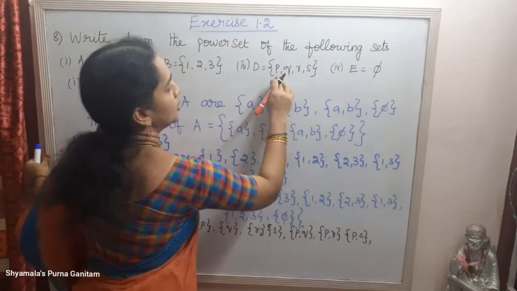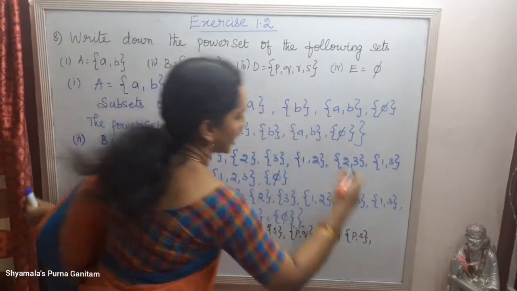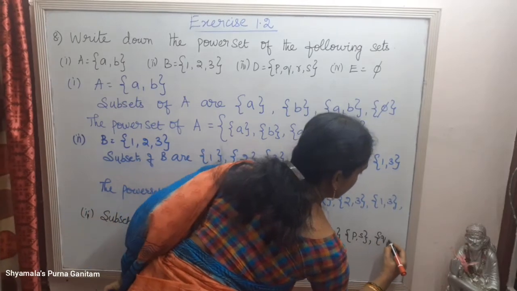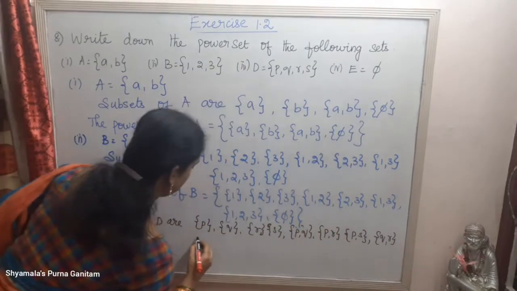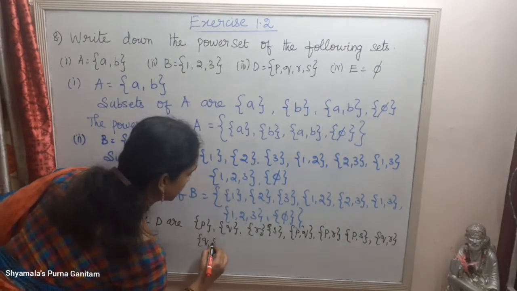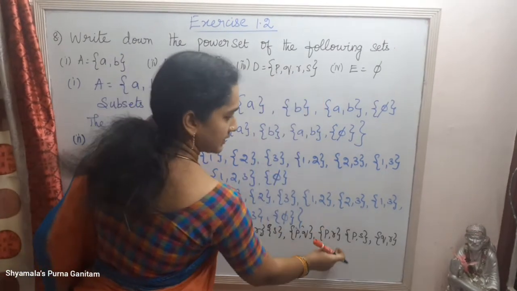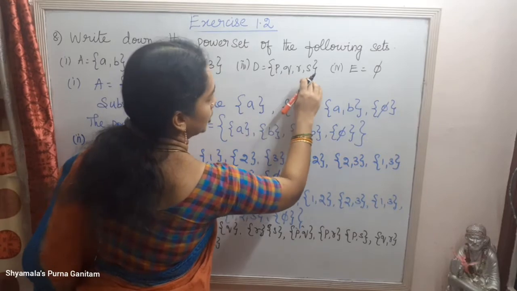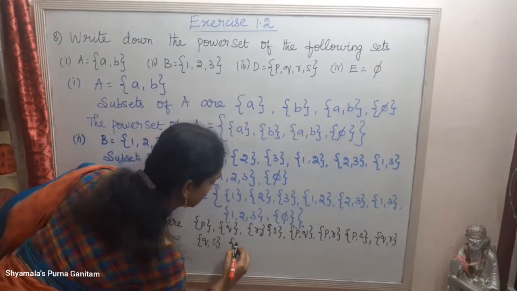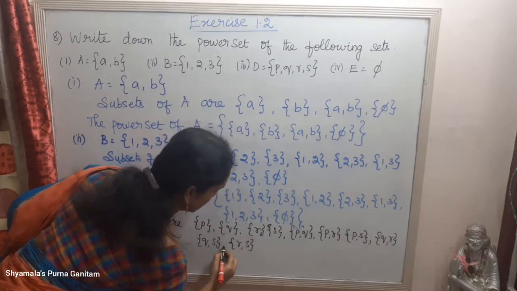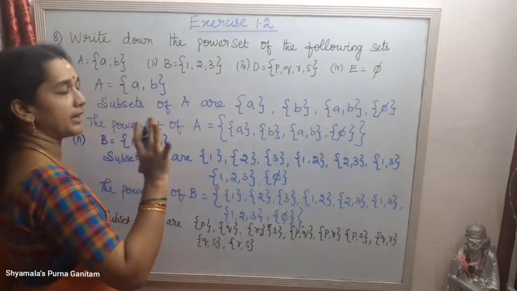Then QR and QS. Then RS. So combining two elements is over.